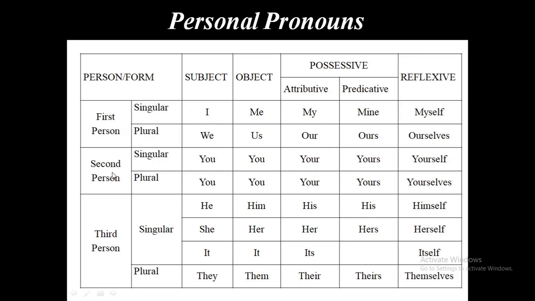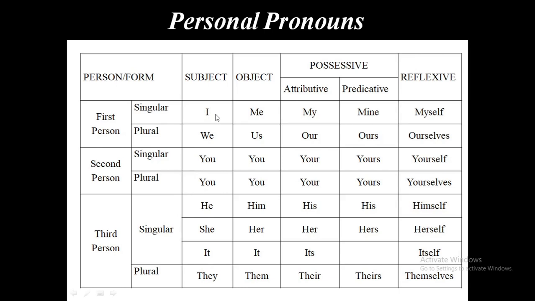Now you can be called both singular and plural. Then he is a third person singular subjective pronoun, she also third person singular, it also third person singular subjective pronoun.